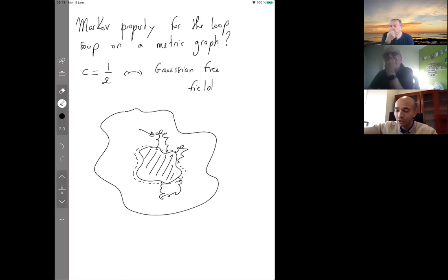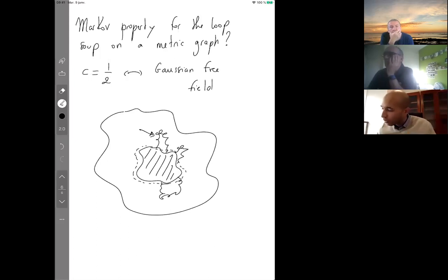I hope you understand the question. For the real line, that was the case. I was looking at the interval 0, y, and I was saying, if I know the local time at y, the picture outside the interval 0, y is independent of what's happening inside the interval 0, y. So now I'm asking the same question for the graph.